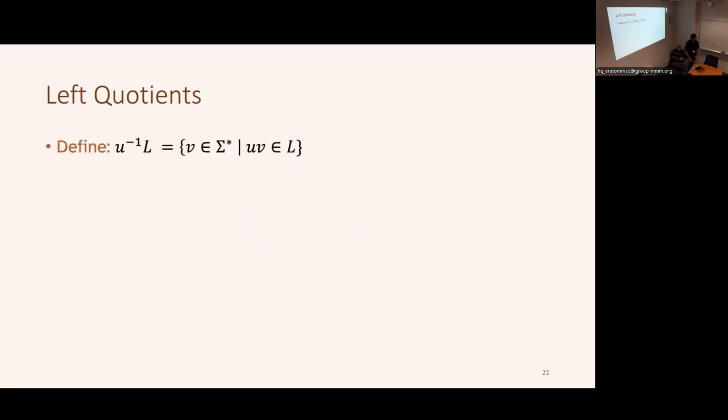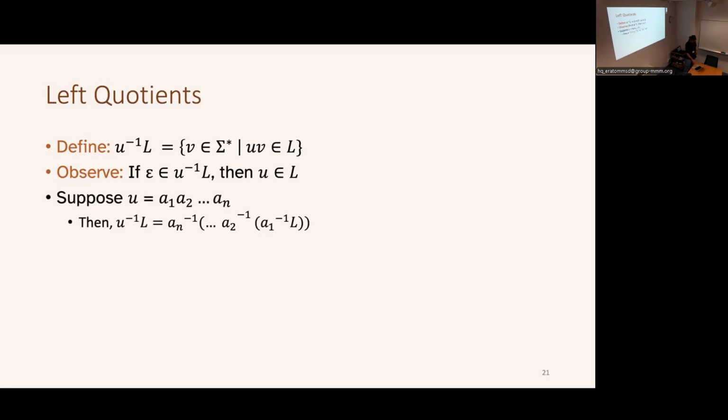So I have this word U, and I have a language L. U inverse L is all such V, such that UV is a word in the language. And observe that if I can check whether U inverse L has the empty word in it, then I know that U is in L by definition.